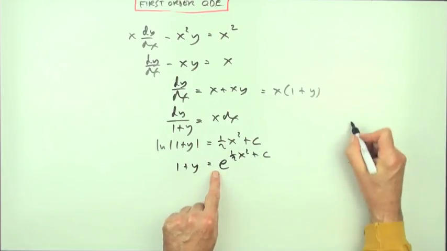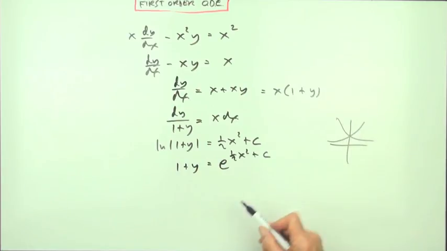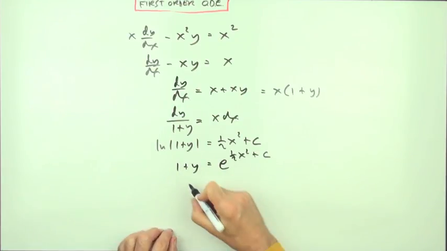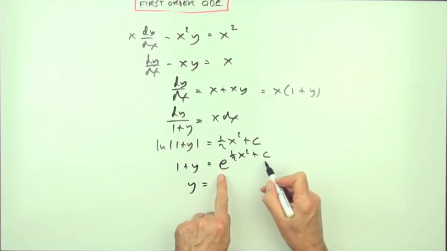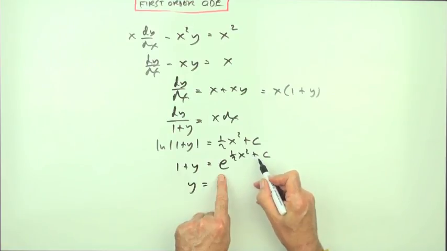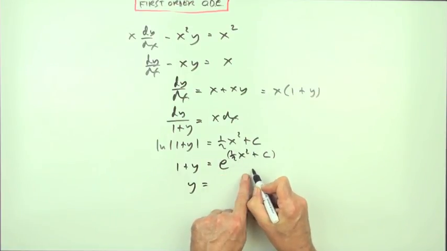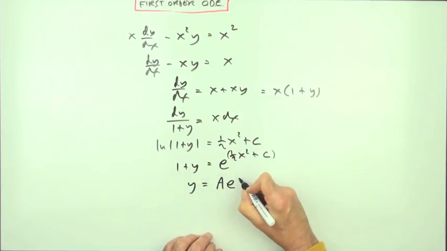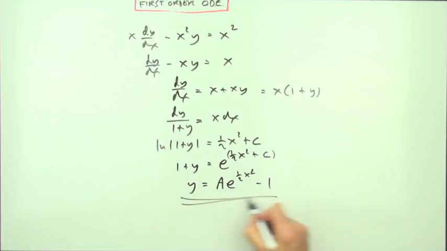Notice e, no matter what you're putting into it, positive and negatives, is always positive. So I don't need that modulus sign anymore. And then finally, y is equal to this part, of course, there's that same business again, plus c in the power. That's the same as e to the half x squared times e to the c, so I'll call that something else, like a, e to the half x squared minus 1 for the general solution.